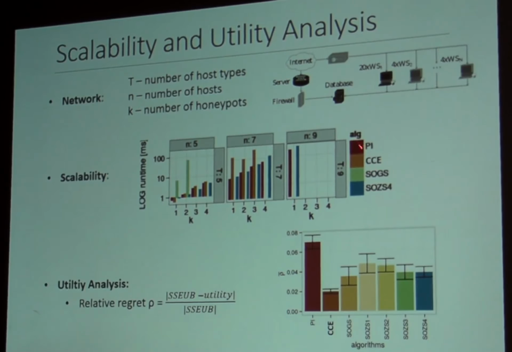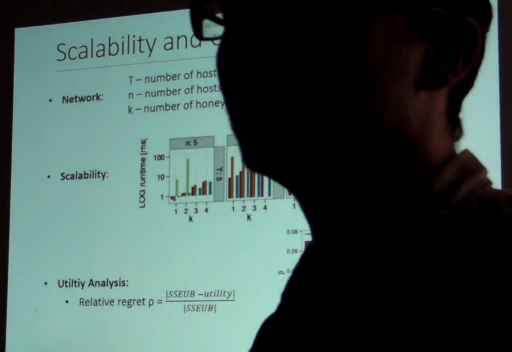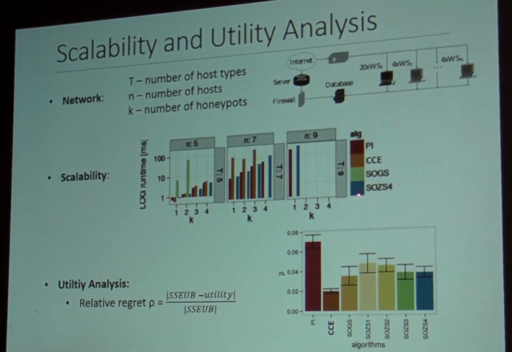So here are the 3 approximations: perfect information, the commitment to correlated equilibrium, and the zero sum, ZS. This is the runtime of each approximation. The zero sum ones were really good because they could solve networks with 9 hosts and up to 1 honeypot.